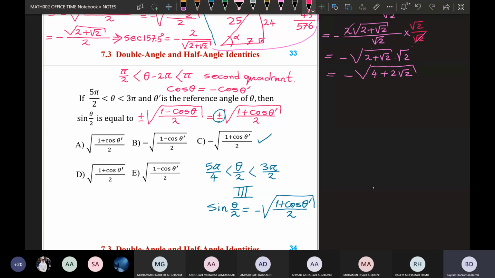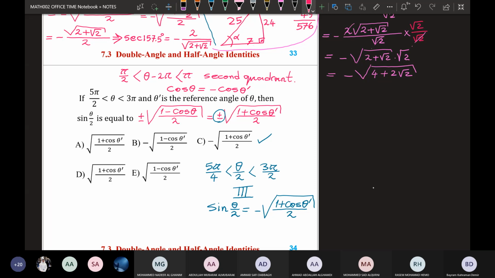Now when you substitute into the equation, you have 1 minus cosine theta. Minus cosine theta becomes plus cosine theta prime, because cosine theta is already minus cosine theta prime. So that becomes 1 plus cosine theta prime divided by 2. Now to decide about the positive or negative, it depends on the sine of theta over 2.